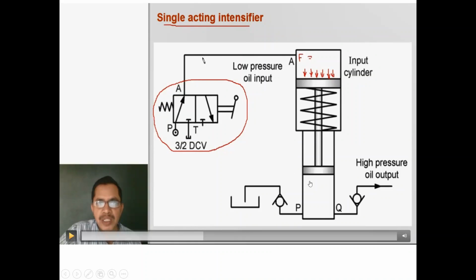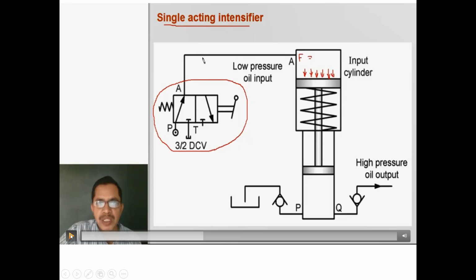Next, what will happen? When this piston moves in the downward direction, the oil present in that region PQ, the output cylinder, is forced to move from point Q toward the output direction. It is high pressure oil, because we are applying force to the oil by using this piston, and this high pressure oil gets out from this output cylinder through port Q here.